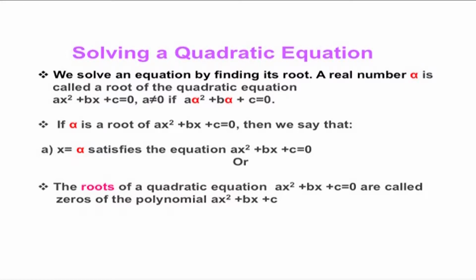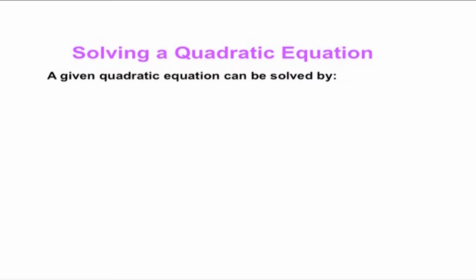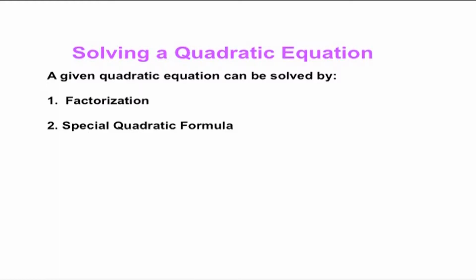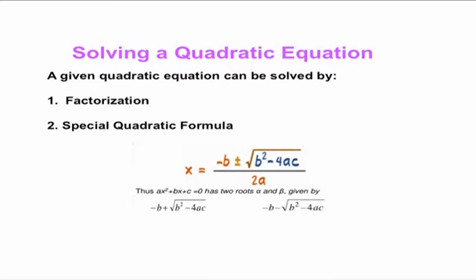equal to 0. A given quadratic equation can be solved by two particular methods. One method is factorization. Another method is the special quadratic formula, x equal to minus b plus minus under root b square minus 4ac upon 2a.